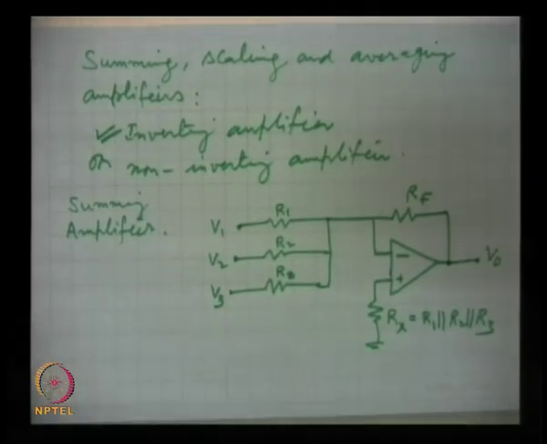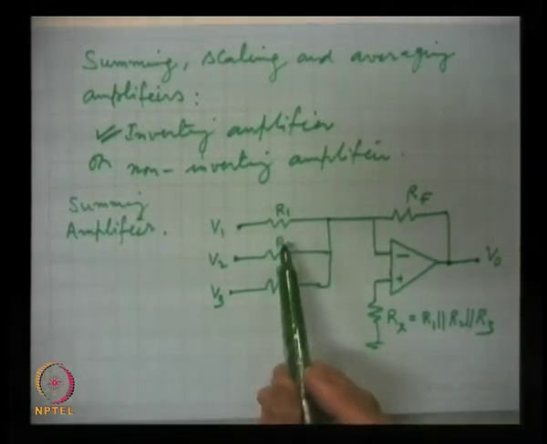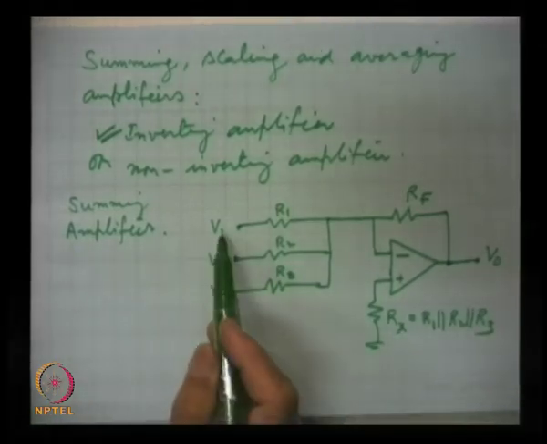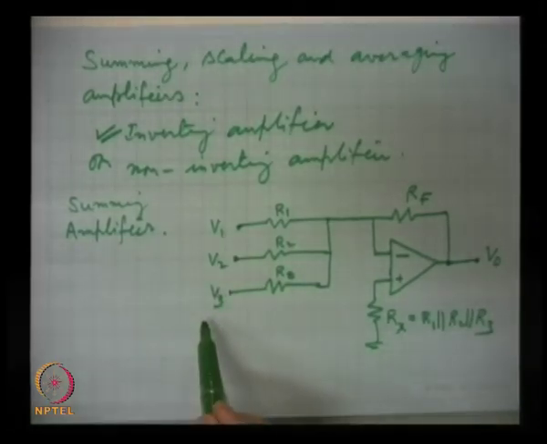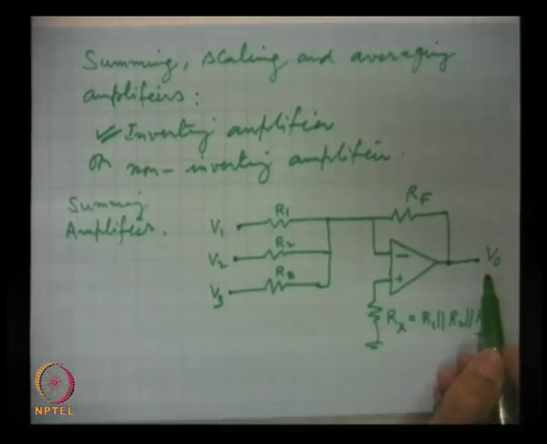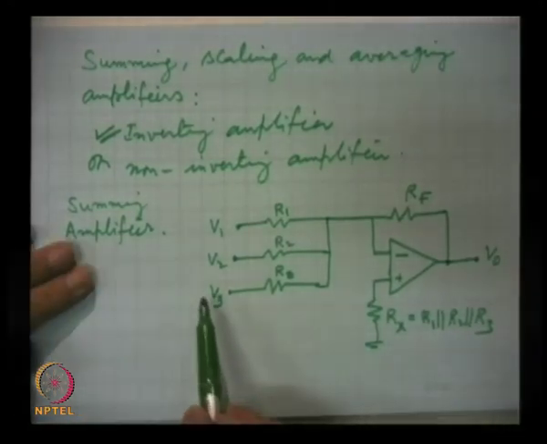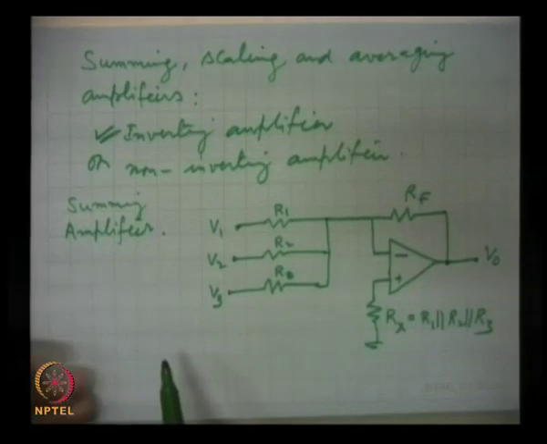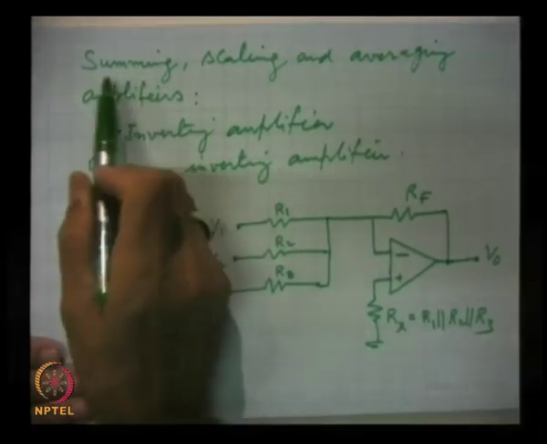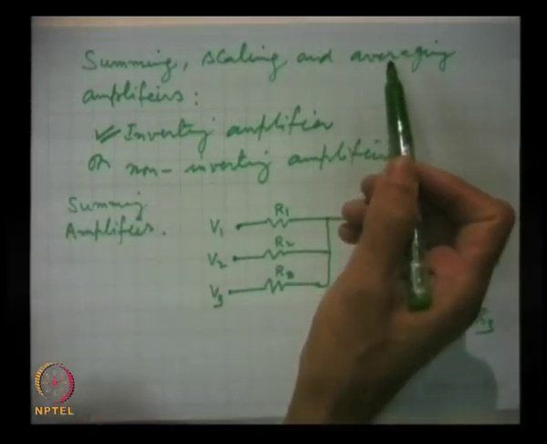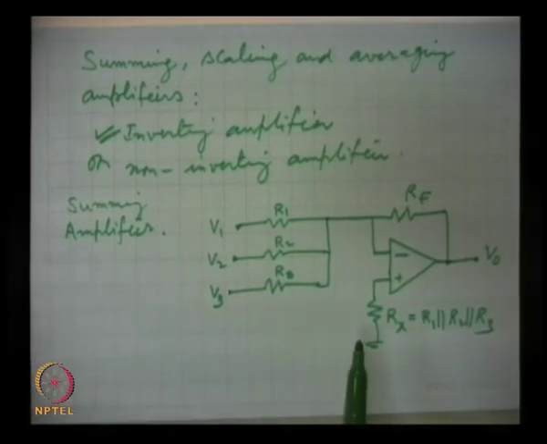As I said, we have taken for simplicity 3 inputs: voltages V1, V2, V3, output V0, and this is an inverting amplifier. Now, first I take a general expression, and then we will one by one go for summing amplifier, scaling amplifier, small modifications in the 3, but major thing is the same.